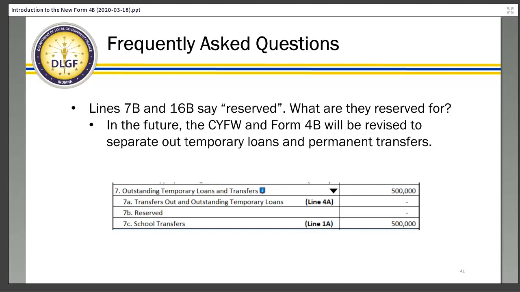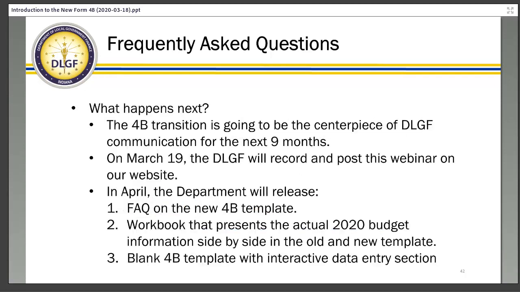We get questions about those as individuals, and so we want to present that information as two individual lines. We also did not want to release one template this year and then release a new template next year, so we've created a placeholder that we've marked reserved, knowing that we will revisit our format and ultimately use the placeholder lines to populate it with more information.